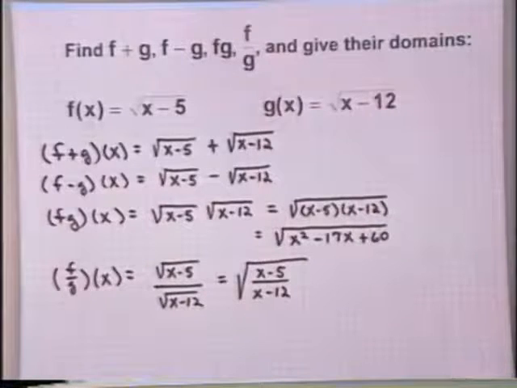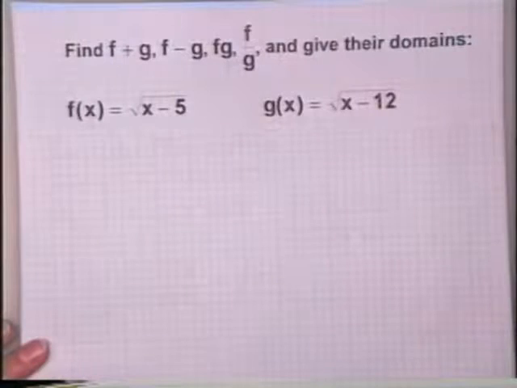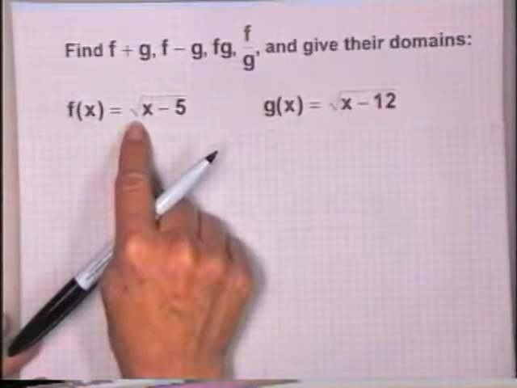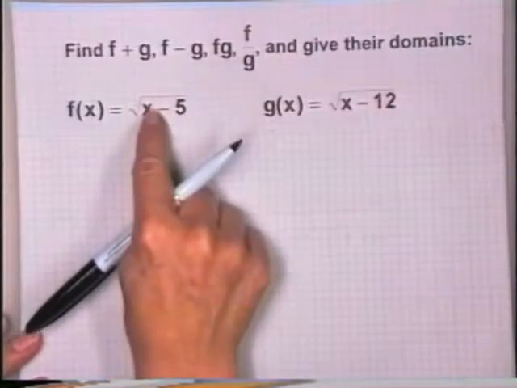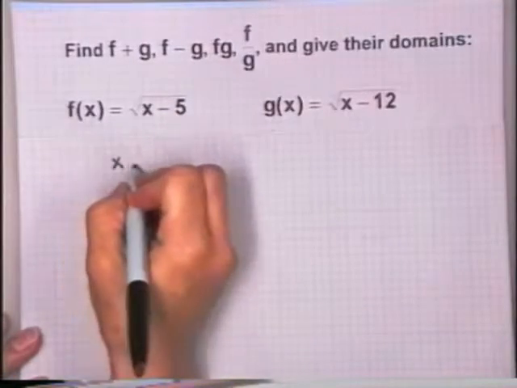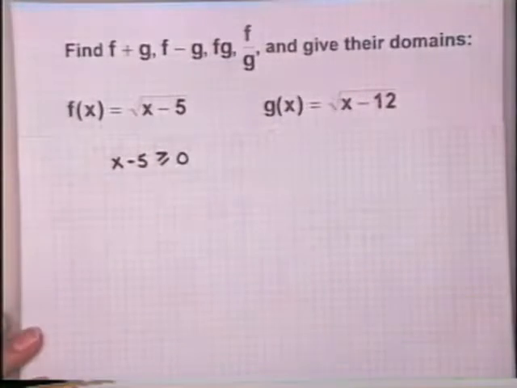Now, our work on this problem is going to be a little bit more complicated in terms of finding the domain than our last example. So I want us to take a look, first of all, at function f. Now recall, when you have a square root, this is not defined if what's underneath becomes negative, is it? So for function f, x minus 5 has to be greater than or equal to 0.